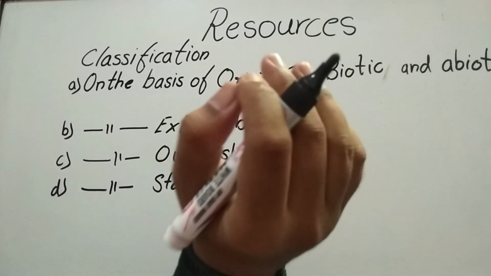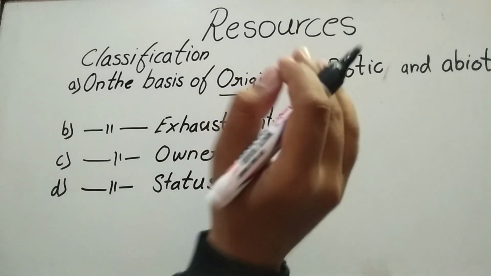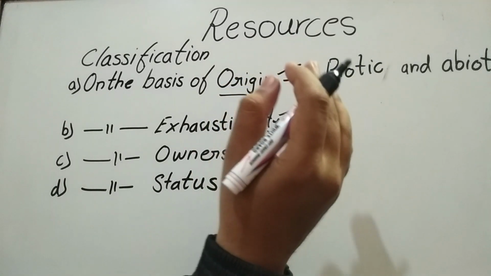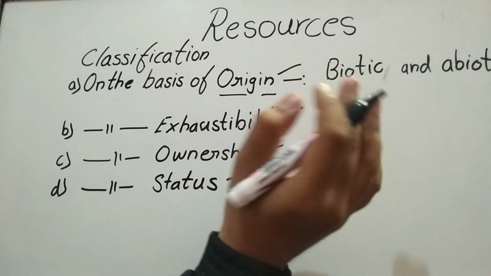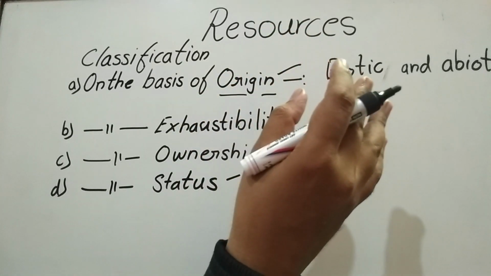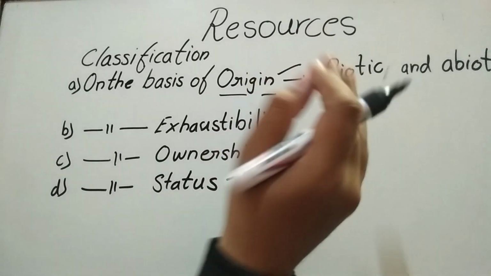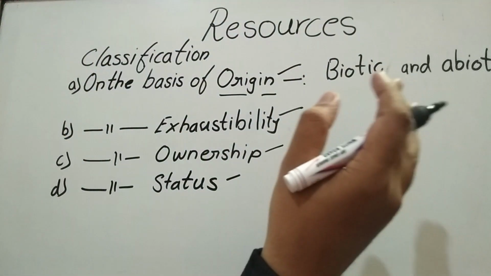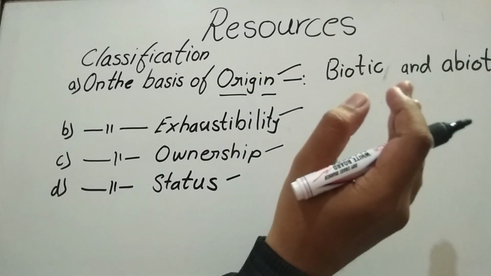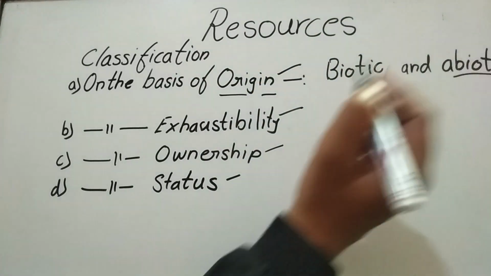All resources which we are getting from living beings, whether animal product or vegetation product, whether we are getting it from trees or animals. Every product which is coming from a living being is known as a biotic product, and every product which is coming from non-living things is known as an abiotic product.